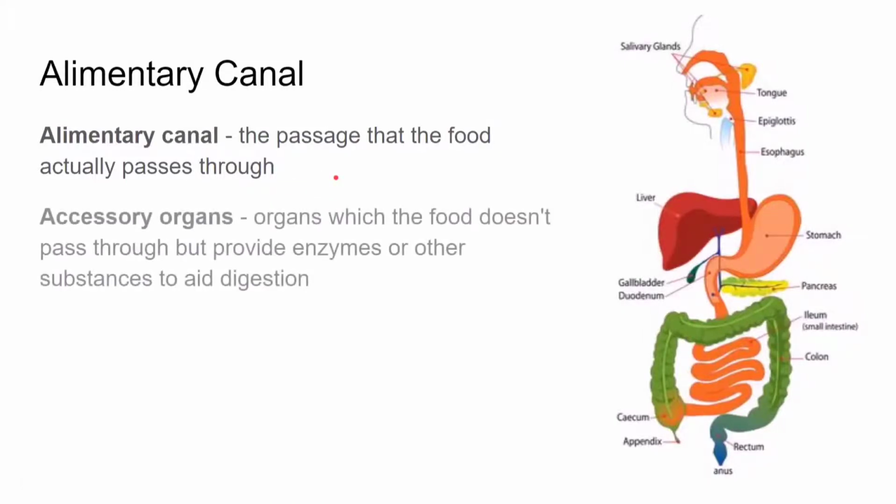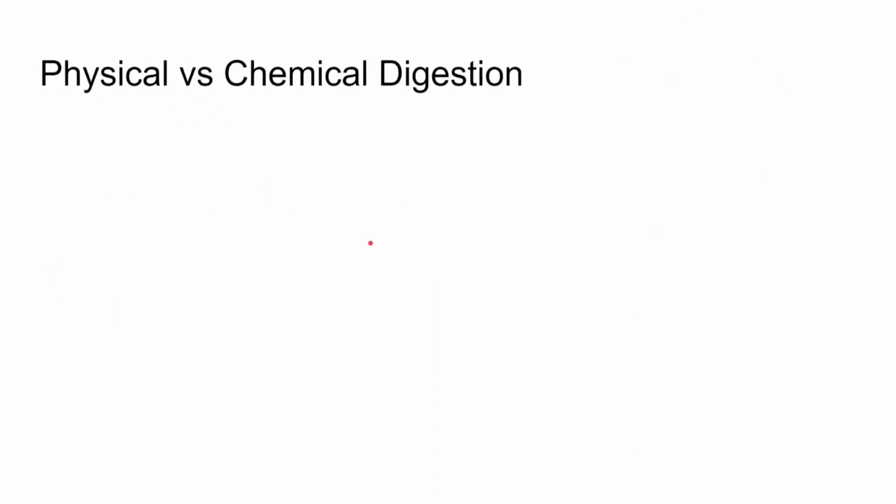In comparison to accessory organs, which are just organs in the digestive system that the food doesn't actually pass through, but they provide enzymes or other substances to aid the digestion in the alimentary canal. So these accessory organs don't actually hold the food, the food never passes through them, but they aid with the digestion in the alimentary canal.